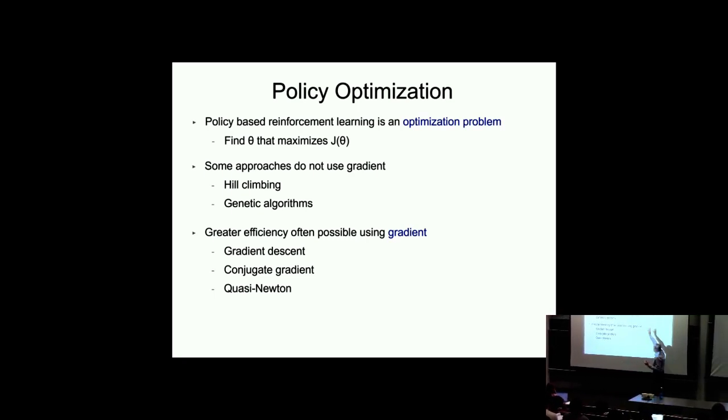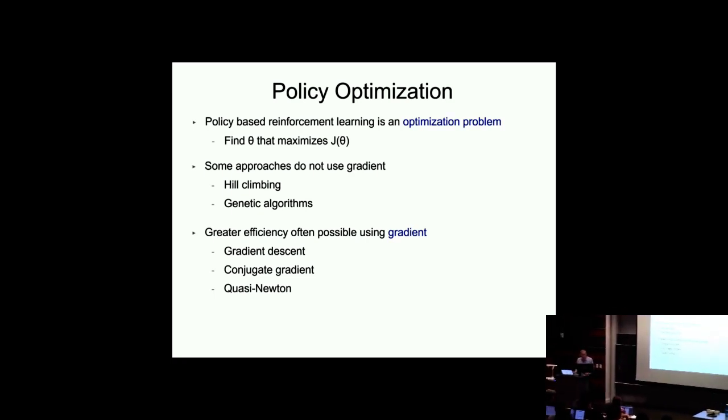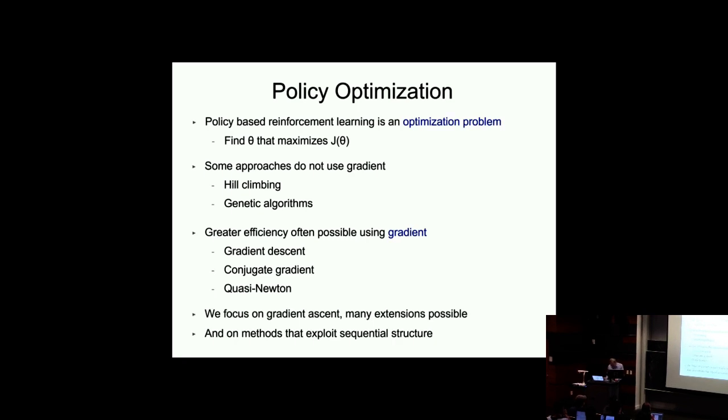We have the usual available optimization algorithms that we see throughout machine learning. We can do hill climbing, genetic algorithms, evolutionary approaches, or gradient-based methods. In fact, we're going to focus here on gradient-based methods. They've been the most successful in recent times.